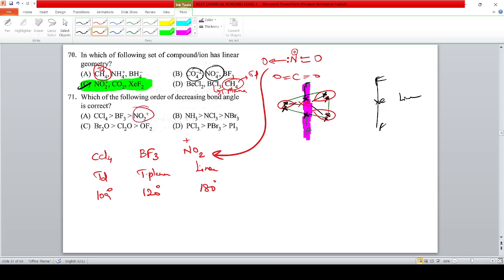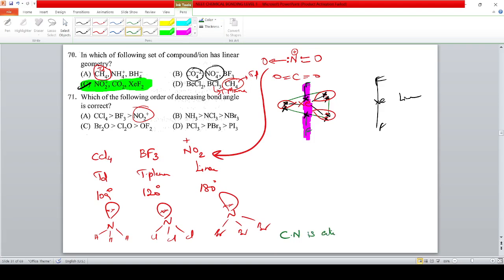Next, come here. NH3, NCl3, NBr3. In all the cases, the size of the bonded atom decides the angle.